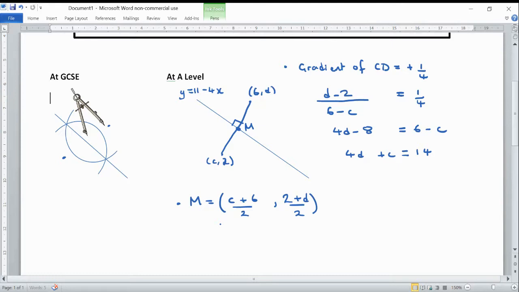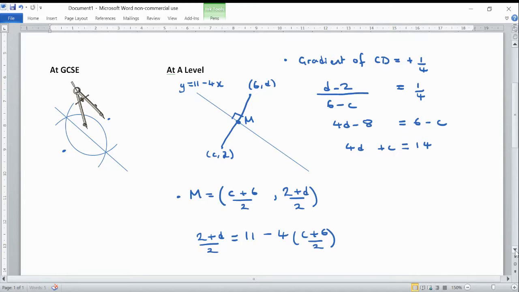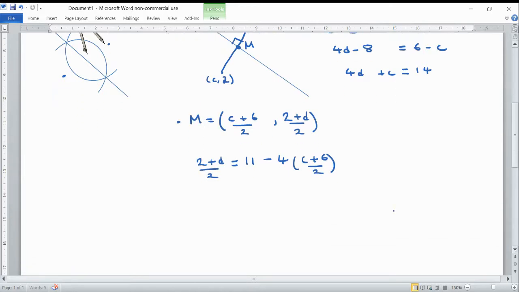So that means that 2 add d over 2 should be the answer to 11 take away 4 lots of c add 6 over 2. Let's try and simplify this equation. So we could multiply everything through by 2. We can expand that bracket.